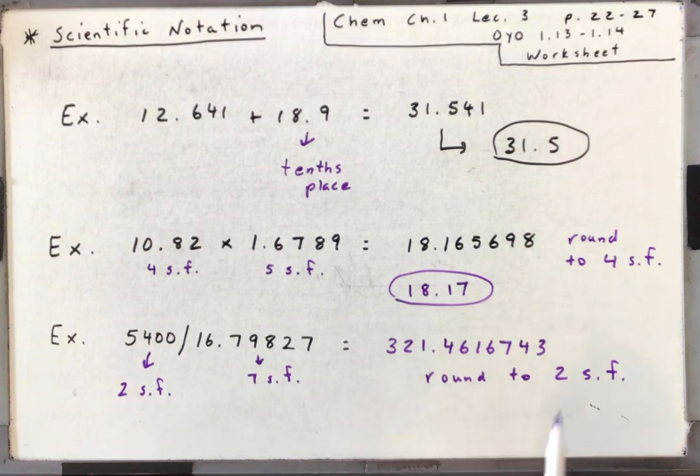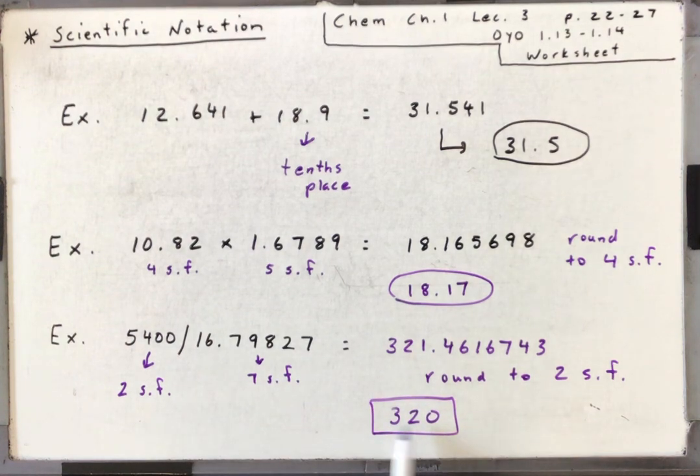Okay, hopefully you gave that a try. The answer is 320. That's 2 significant figures. So we had to round 321 and all of those decimal numbers down to 320. We round down because it's just a 1. And that would give you 2 significant figures.